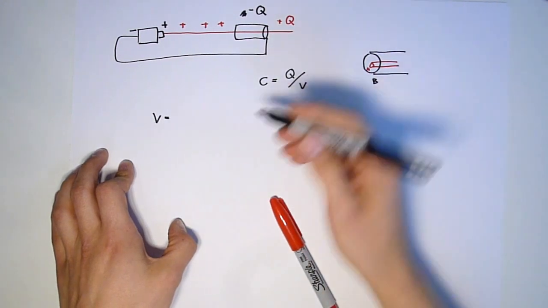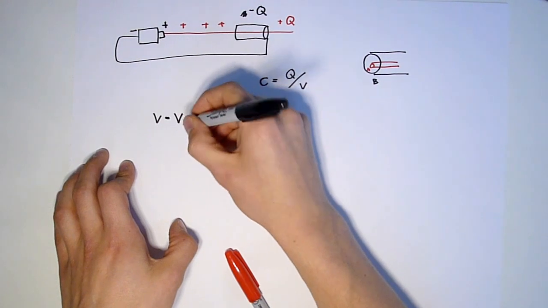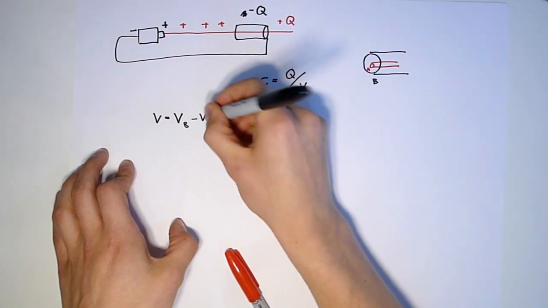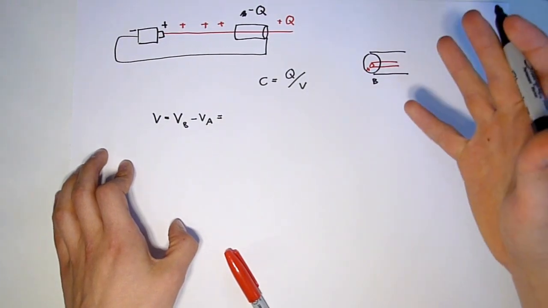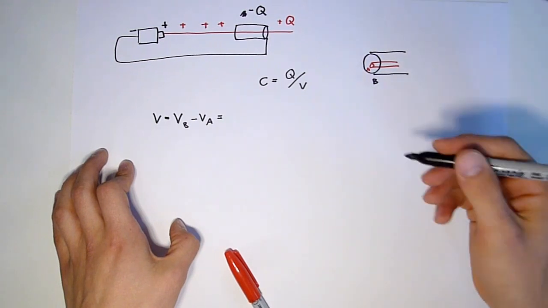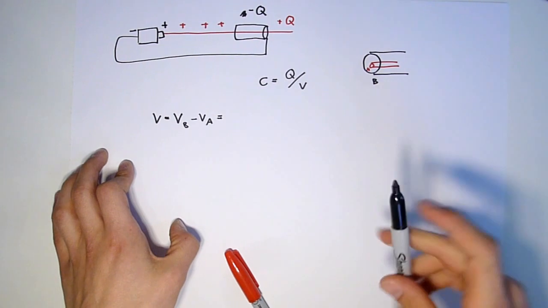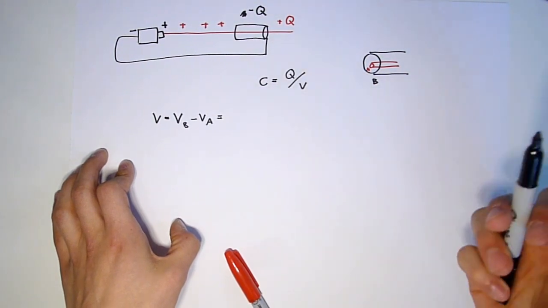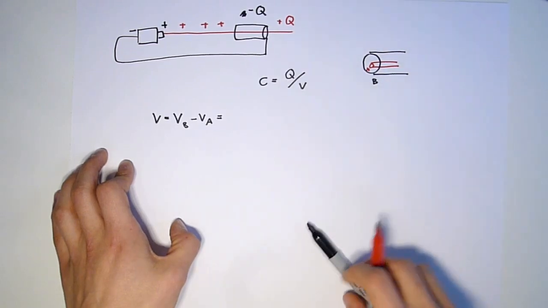Then we know that the voltage is going to be the difference in potential, so that's VB minus VA. And the difference in potential, just like the difference in potential energy is force times distance, the difference in electric potential is going to be the integral of the electric field times the distance.